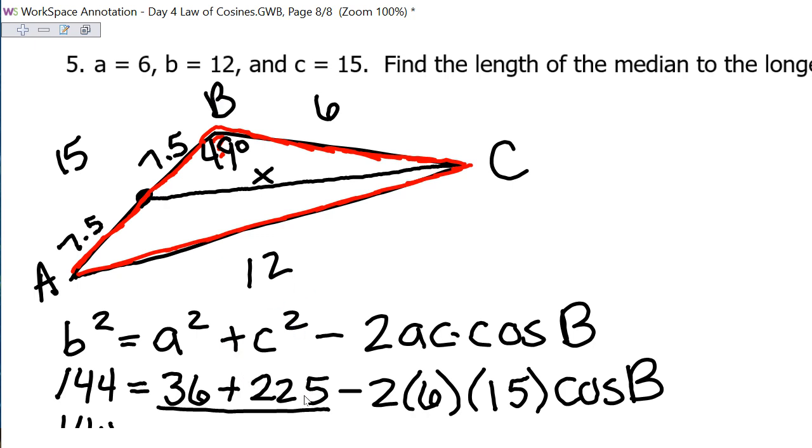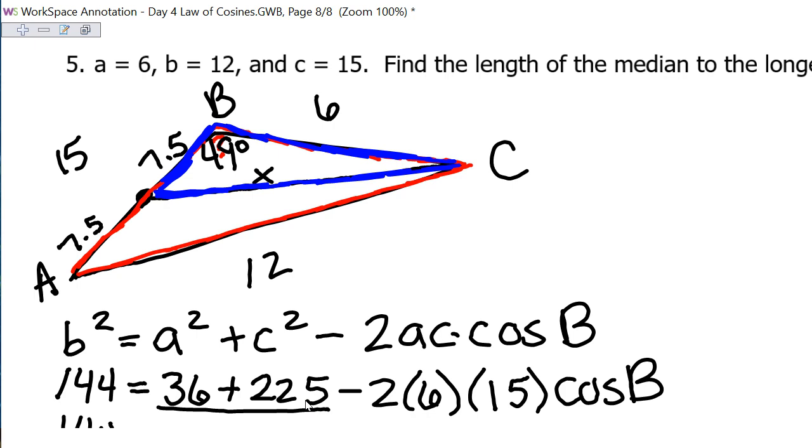Now I'm going to be looking at the top triangle. And looking at the top triangle, now that we know an angle, now we can find the length of that median. So now we can find side x. So we're going to do the same formula again because it's still angle B that we have.